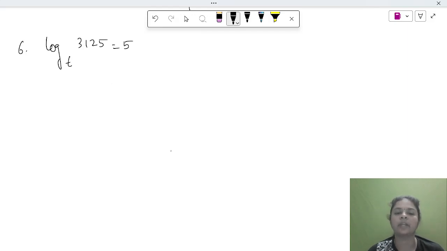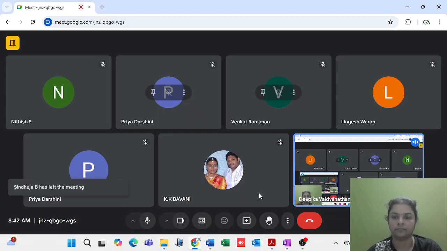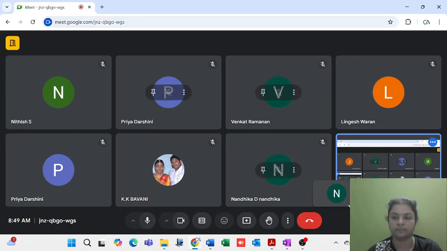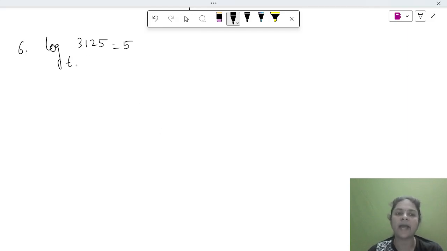Yes, who can give me the answer? Now, if the question does not have any other value, there are two ways in which you can do it. Either, if the base value is given, you can equate it with a common base. But if the base value itself is not known, how can I continue? I have to try to convert this to indices.